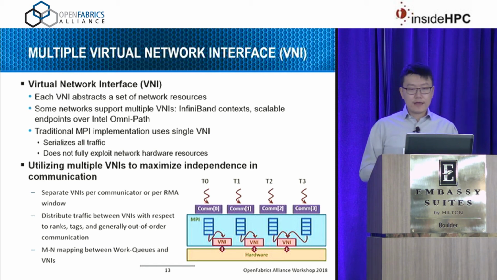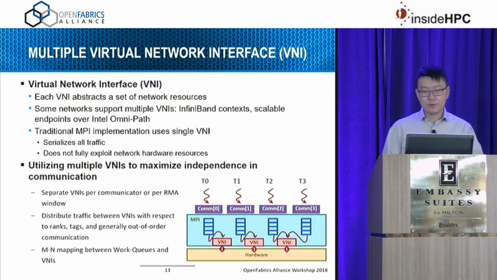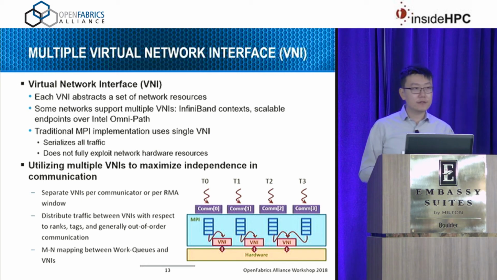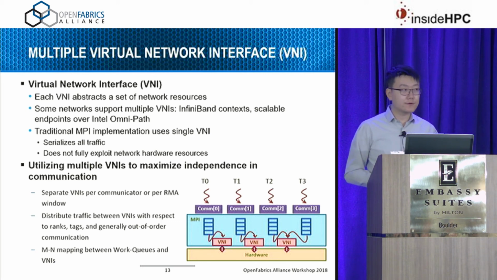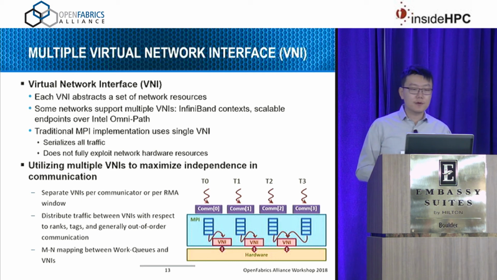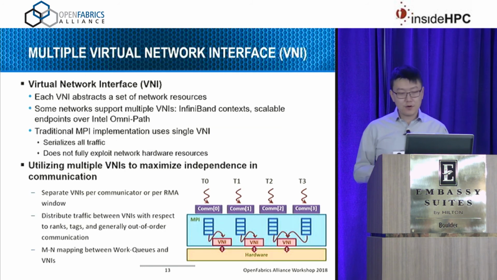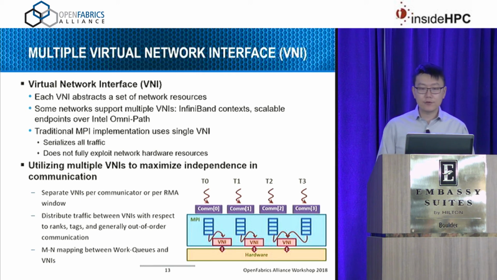So the next thing we're trying to see, now that we've solved the contention at the MPI level, is how we can improve the utilization of the hardware resources. If you have a multi-threaded application, you may only have one process per node, while you have many threads in there. But with the previous single VNI implementation, the problem is you are not using all the hardware contexts that you can to issue your message, which leaves most of the resources underutilized.